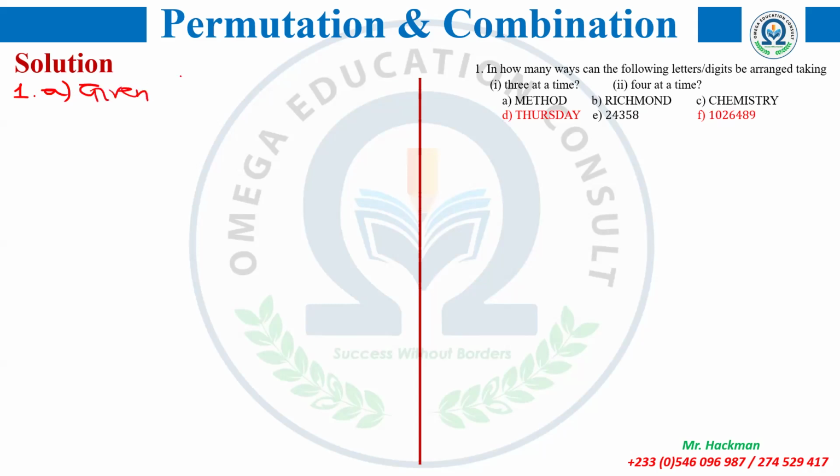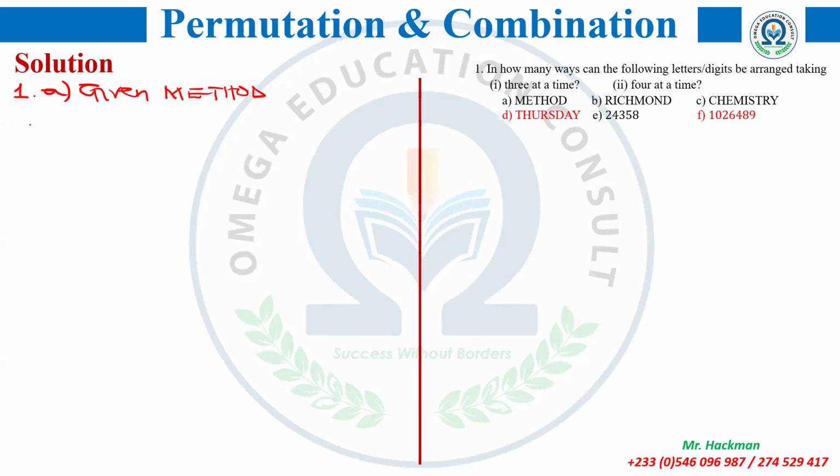We are given the letters of the word method. First of all, let's ask ourselves, do we have distinct objects or letters in this case? Yes. So it means we know what we are going to do.